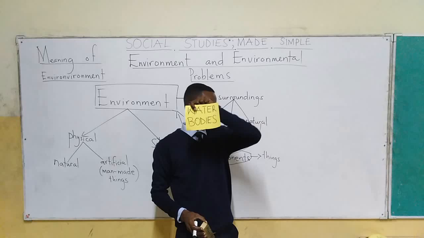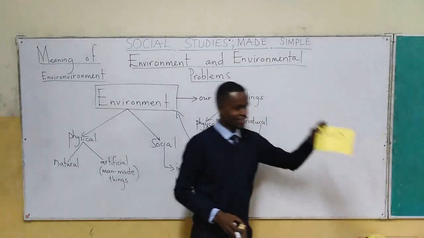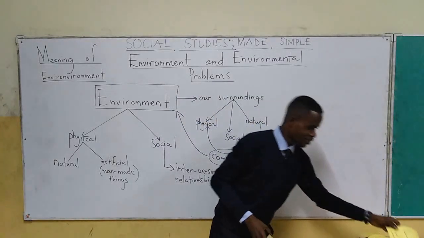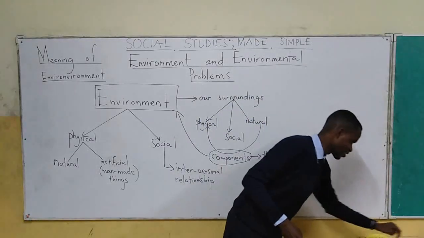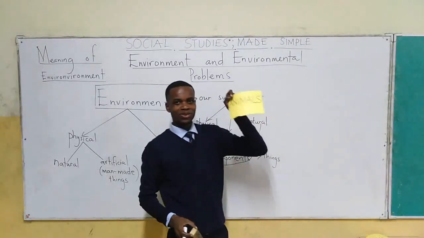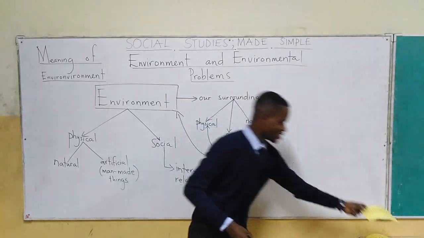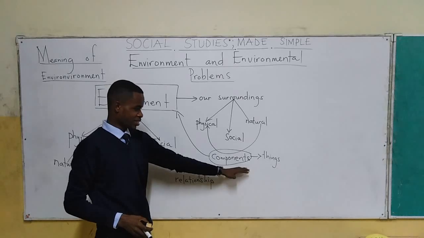Here we have water bodies. Here we have the land. We can talk about ice. And we can talk about animals. All put together form the components of the environment.